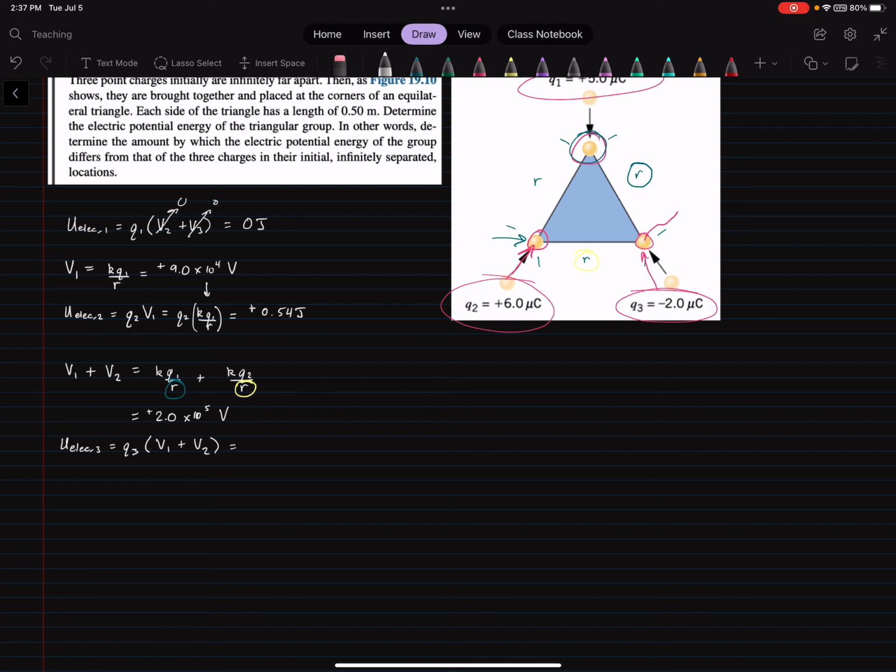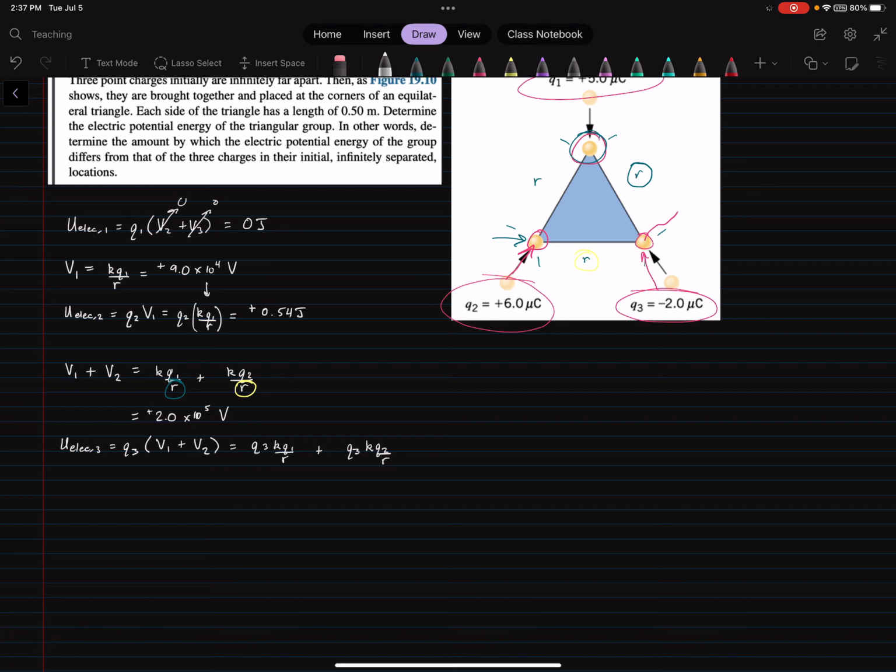Right? So the potential due to charge 1 and charge 2 being there. And so this would be Q3 times K Q1 over R plus Q3 times K Q2 over R. Yeah? Just distributing the Q3.